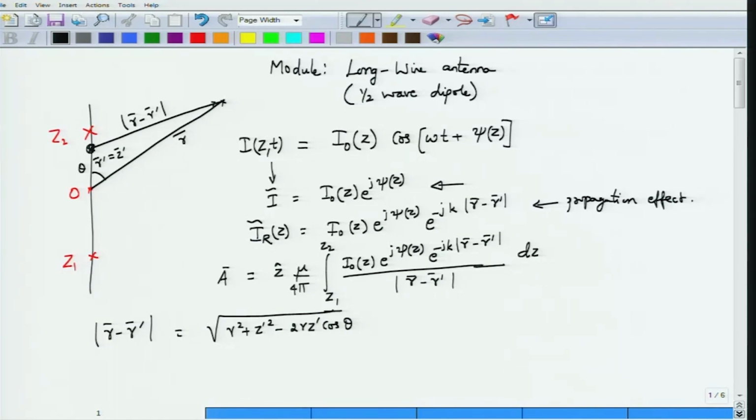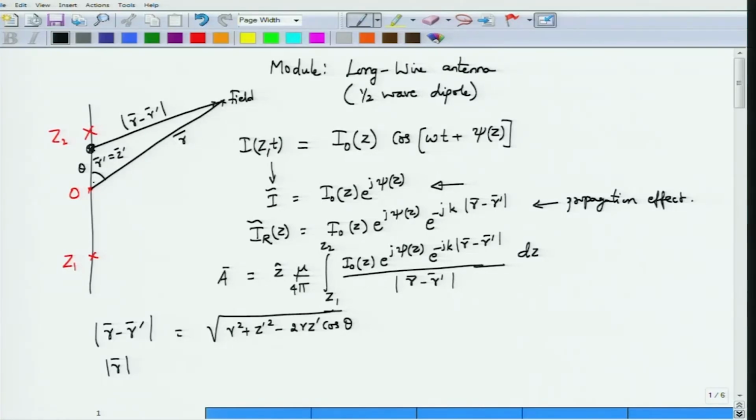This is your actual magnitude, but now we are going to assume that r, the magnitude of r by itself, that is the distance from the origin to the field point, is much larger compared to the distance r prime.